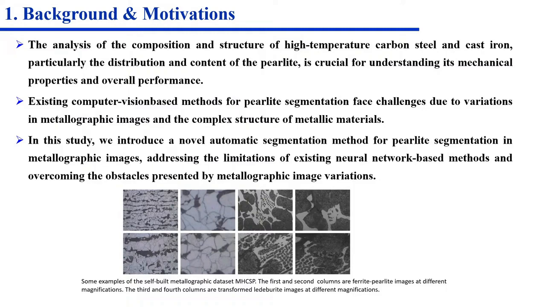In this study, we introduced a novel automatic segmentation method for pearlite segmentation in metallographic images, addressing the limitations of existing neural network-based methods and overcoming the obstacles presented by metallographic image variations.